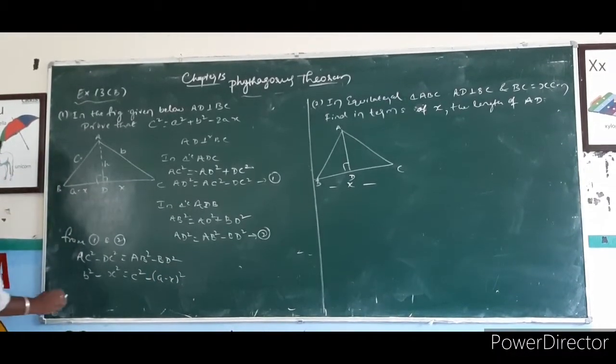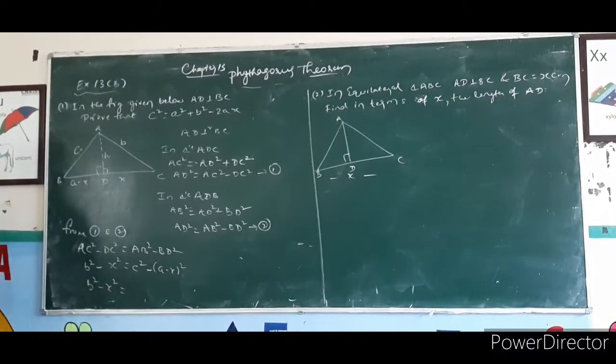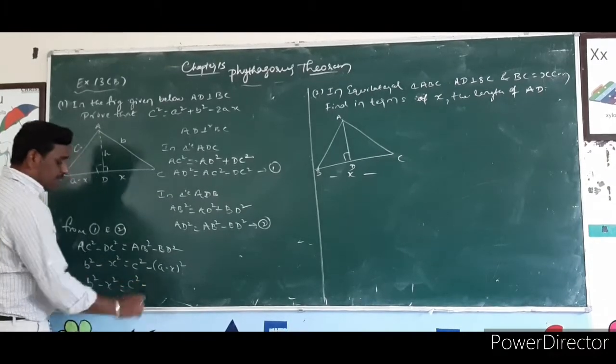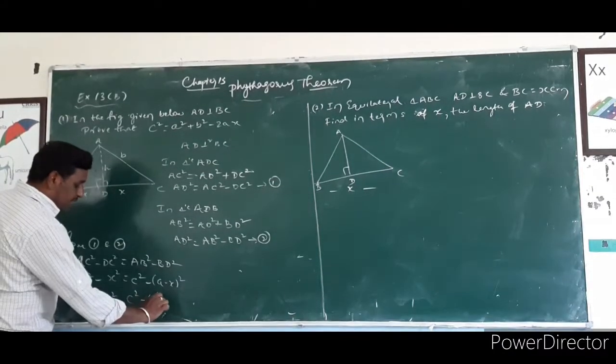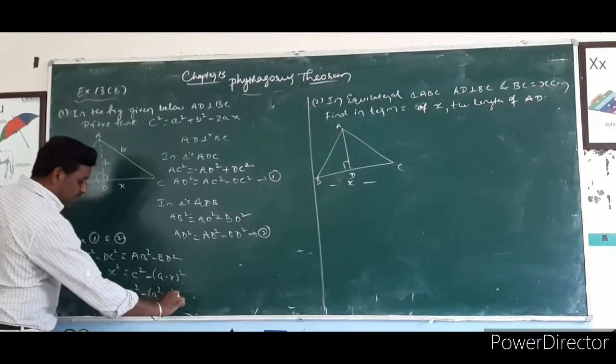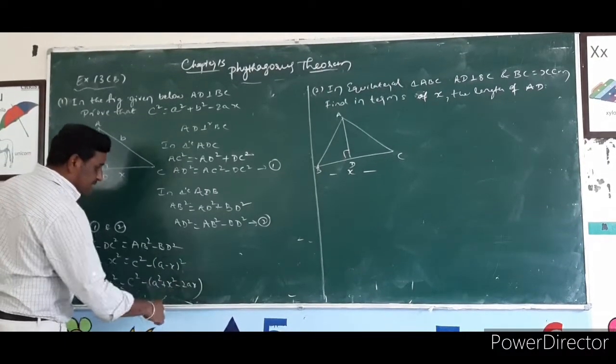Whatever the value is, I am just applying. Keep the LHS with no changes. Here we should apply the formula again, a minus x whole square: a square plus x square minus 2ax, that is 2 into a into x.